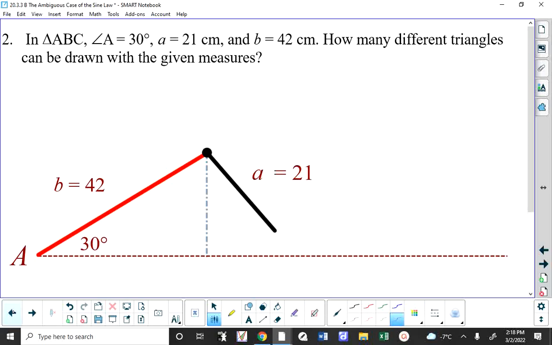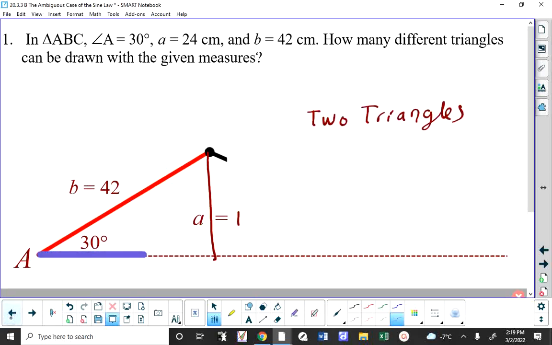The height of this line, that blue dotted line, the reason why in question 1 we had 2 triangles was because A was bigger than that line. So if I go back to this situation here, I better reset this.